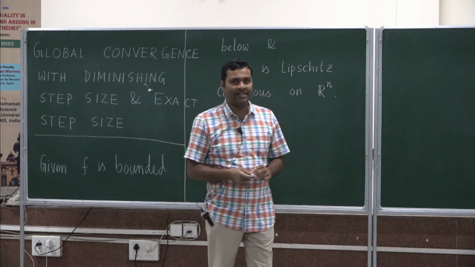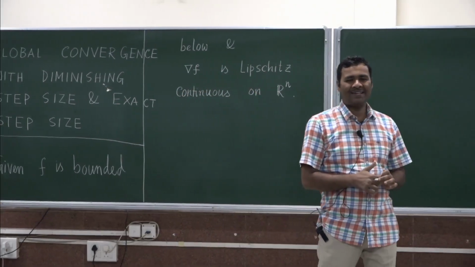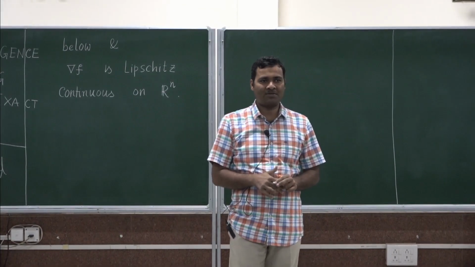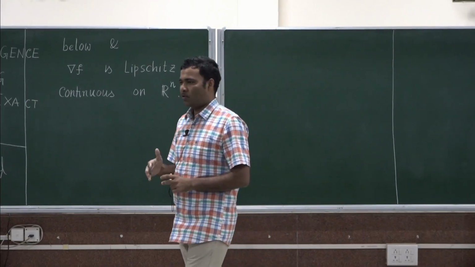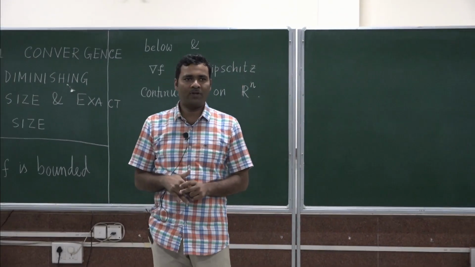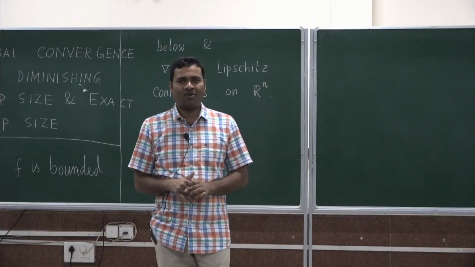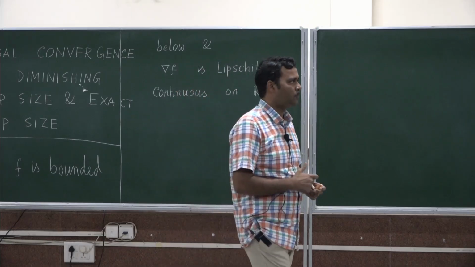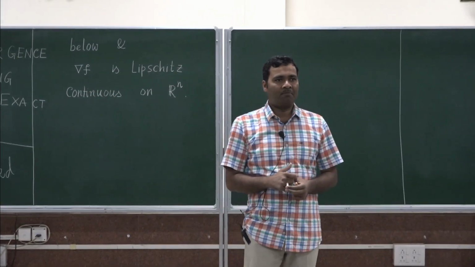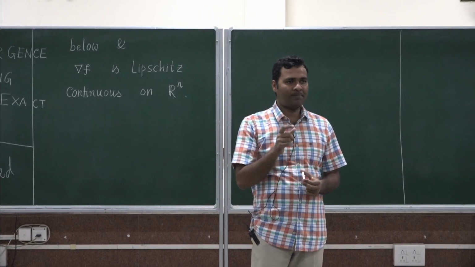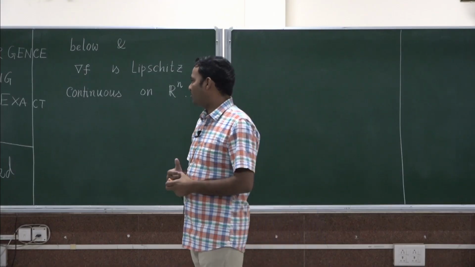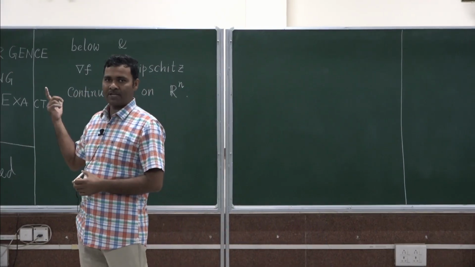Well, let's start. Now, today, as a continuation of the previous two lectures, I will go for proving the global convergence of any first order descent algorithm, when we choose the step length given by either the exact line search rule or this diminishing step size rule.